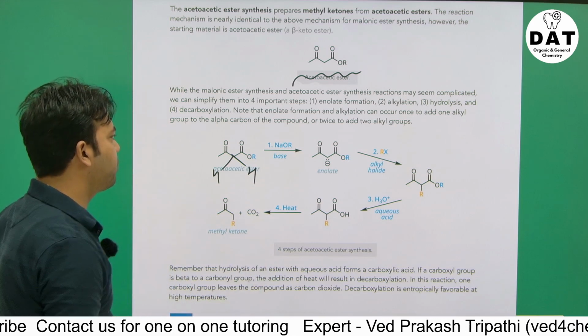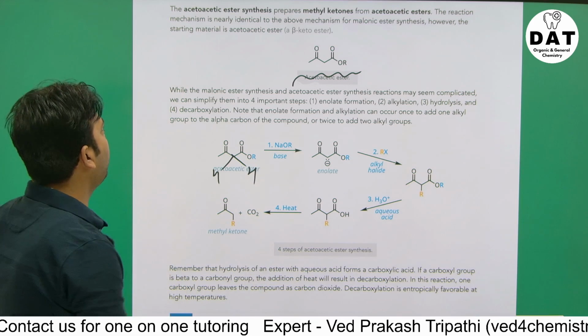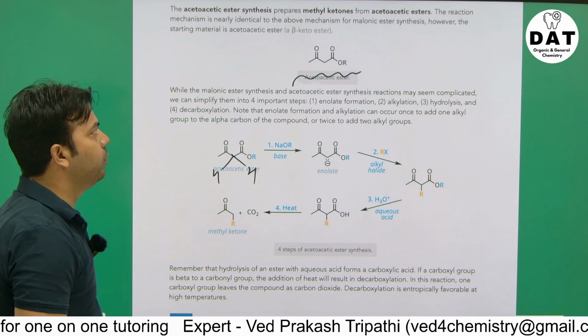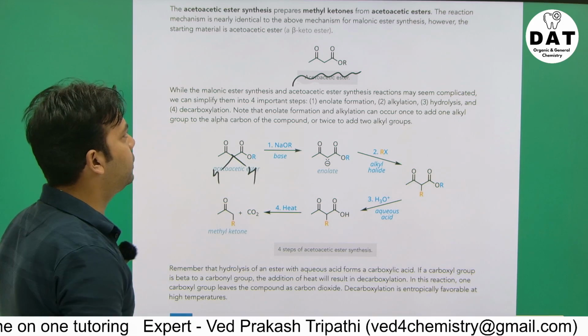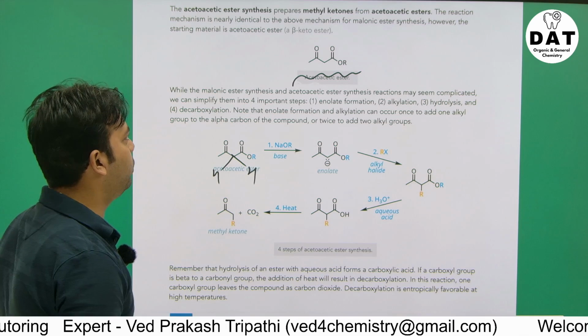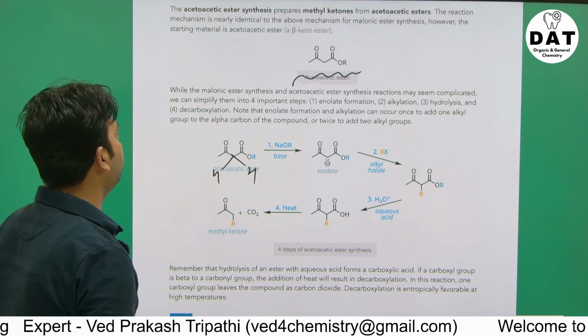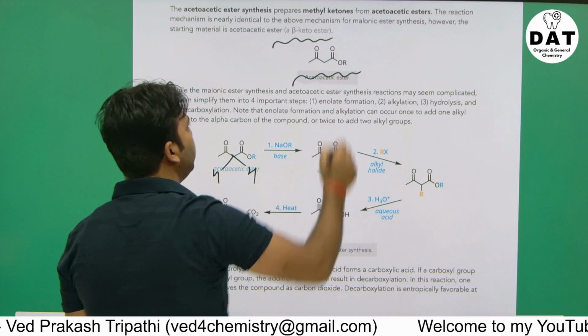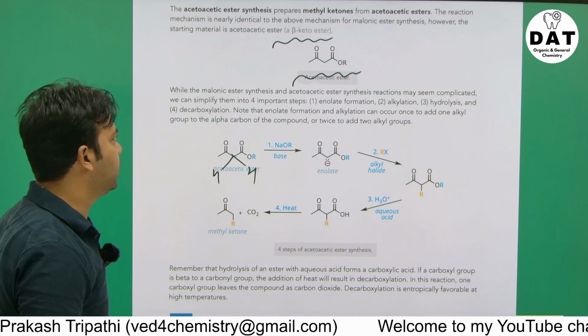Clear? So look at here, the acetoacetic ester synthesis prepares methyl ketone from acetoacetic ester. The reaction mechanism is nearly identical to the above mechanism for malonic ester synthesis. However, the starting material is a beta ketoester. This is also called beta ketoester, which is acetoacetic ester.